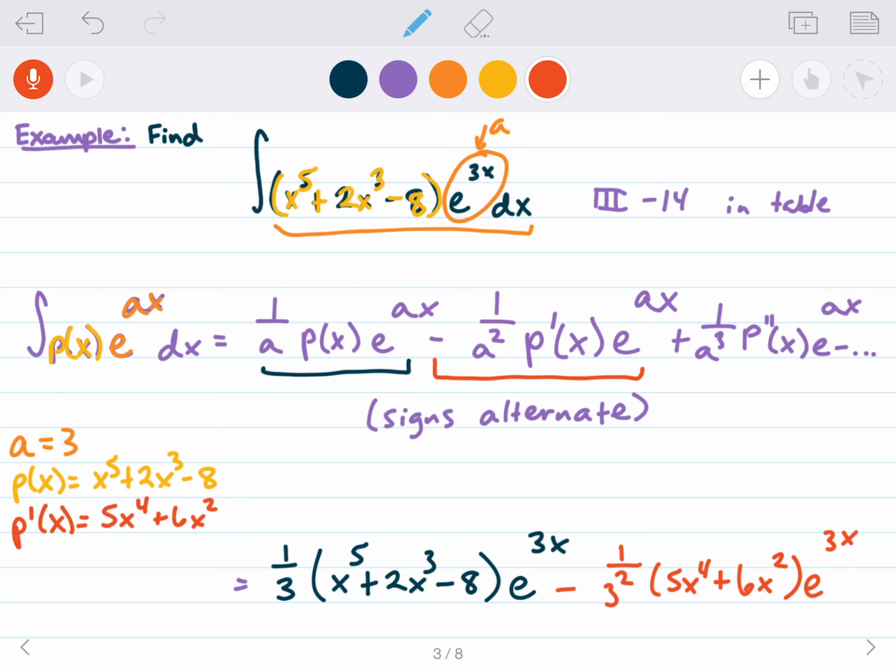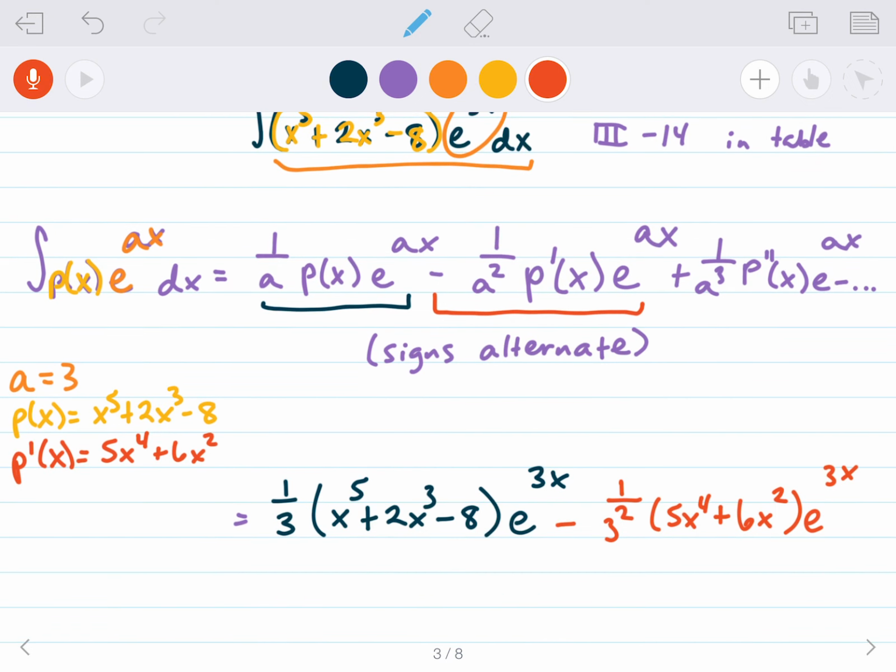And what's happening is eventually we keep taking derivatives, and eventually we're just going to have 0, basically. Okay, so let's keep going with this. Now the signs alternate, so the next one I'll do in green. Let's do plus 1 over a cubed p double prime.